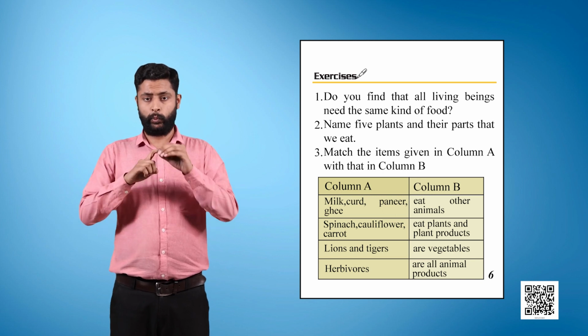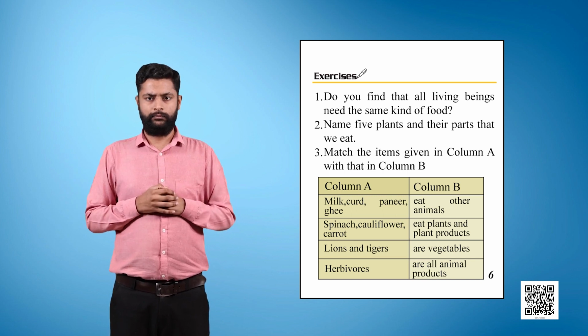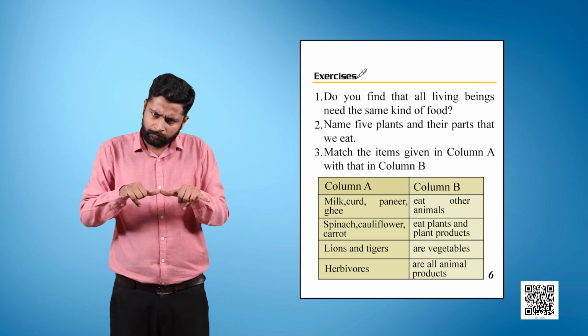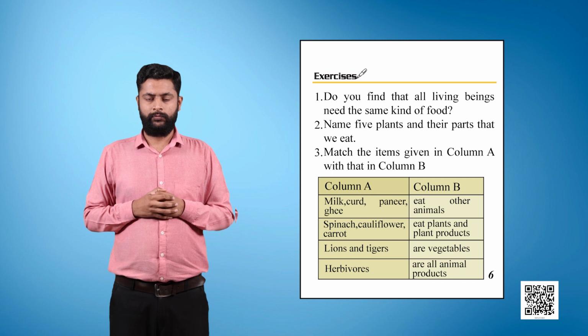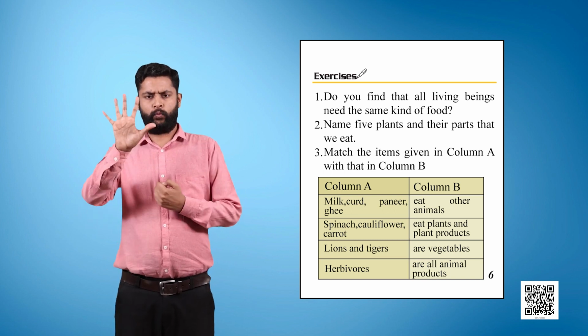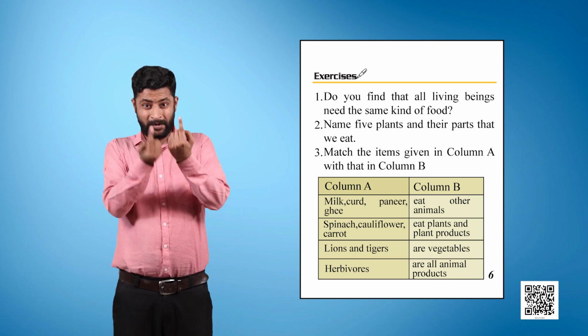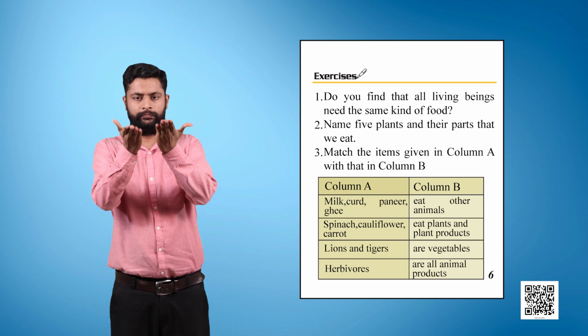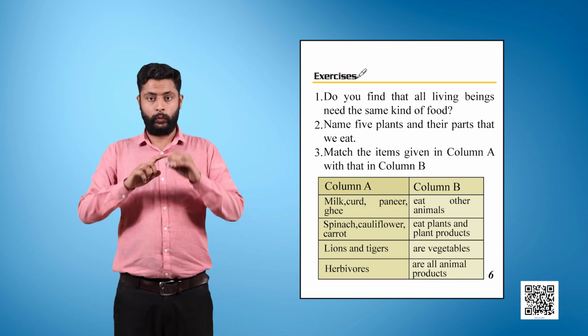Exercises. 1. Do you find that all living beings need the same kind of food? 2. Name 5 plants and their parts that we eat. 3.